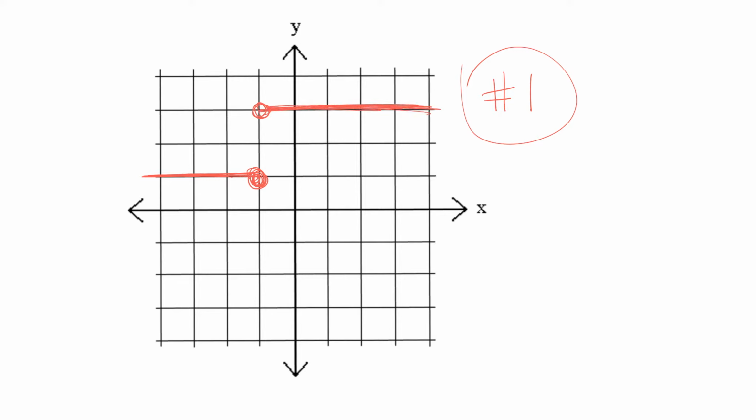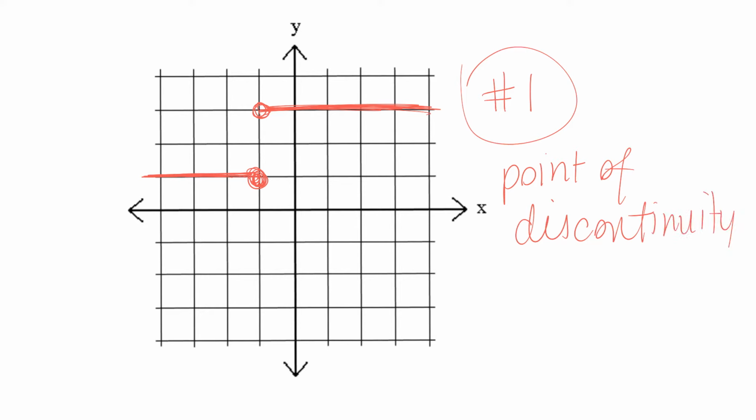It doesn't matter if these are holes, if those are filled in, not filled in, it doesn't matter. If we have a point of discontinuity, so number 1, point of discontinuity, then we cannot have a derivative.